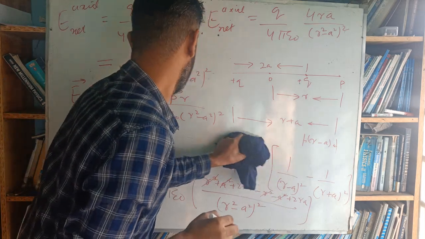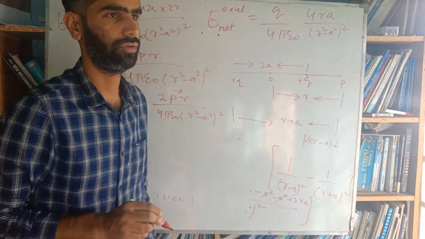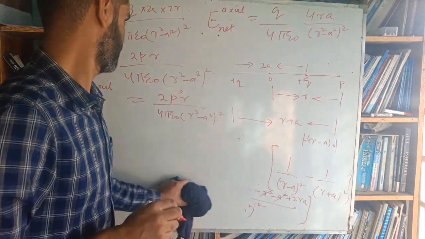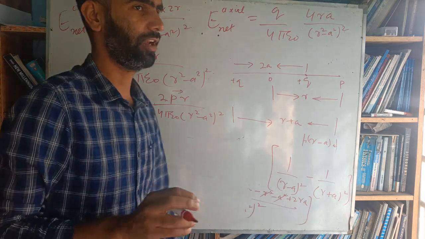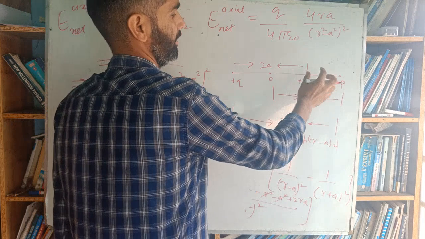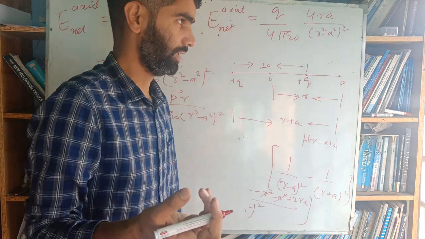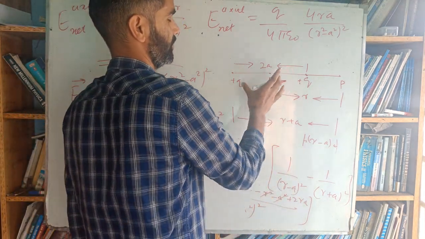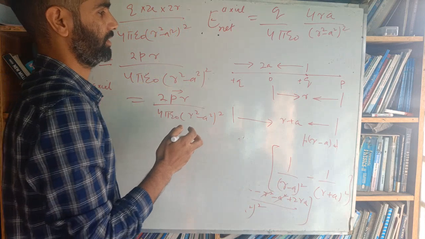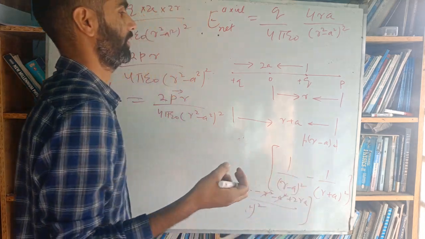Now, for a special case, when the electric dipole is very short, that is, this separation distance is very small and this point P is far away. Generally, the dipole length is of the order of angstrom or nanometer or even micrometer.